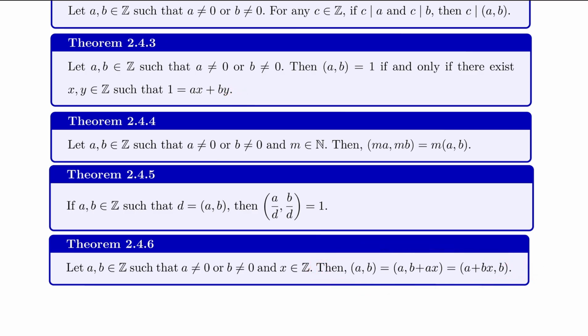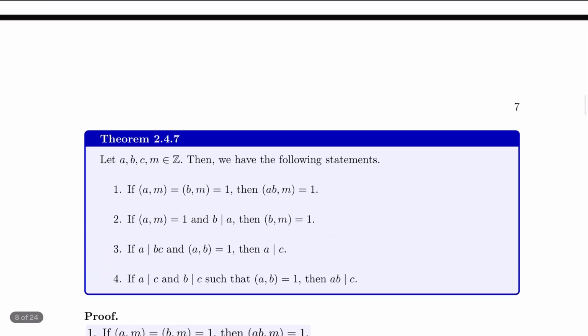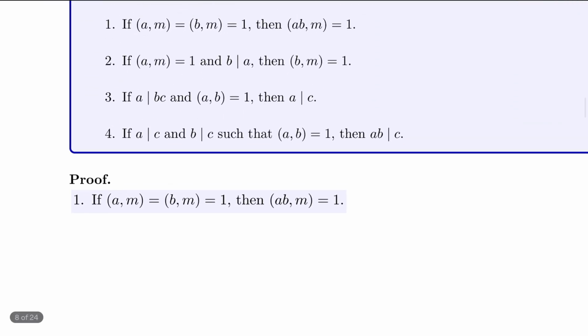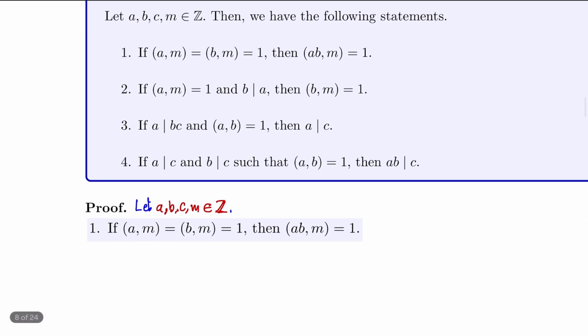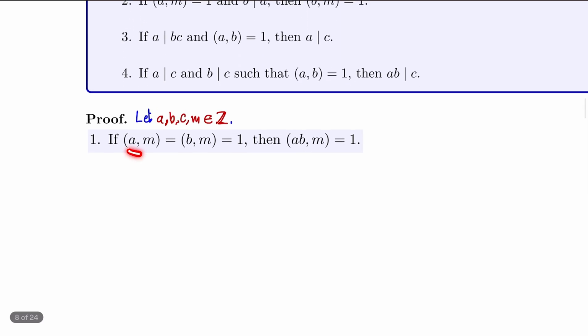Okay, so let's continue. Let's go prove the first one. So the first thing you have to do is let a, b, c, and m be integers. Now let's get started. Prove that if the greatest common divisor of a and m equals the greatest common divisor of b and m equals 1, then the greatest common divisor of a times b and m equals 1.